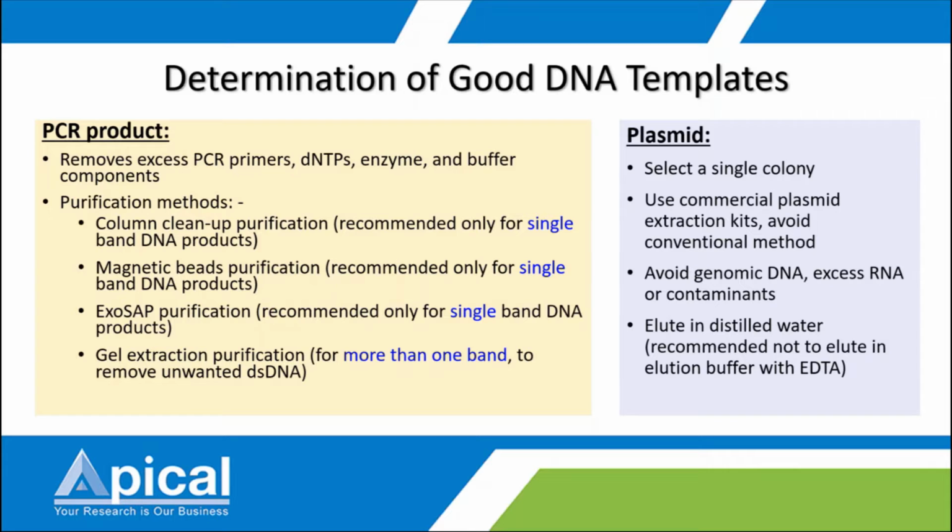But if you find more than one band in your gel after you run the PCR, then you should go for gel extraction purification. You need to cut out the specific target band to do the purification.